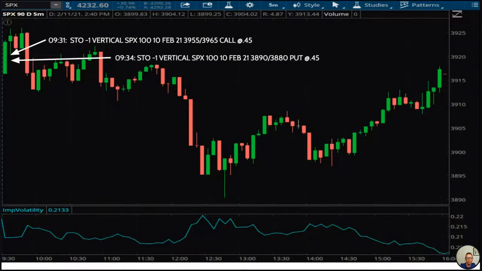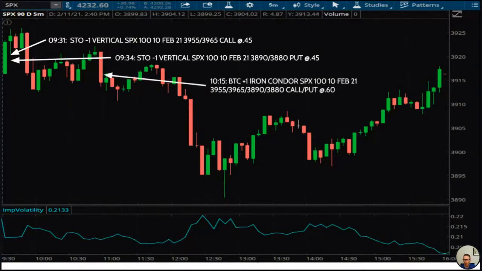The market did go down some, and I wasn't comfortable with what was happening, and I went ahead and closed the trade for 60 cents. So I didn't take a loss, but I also wasn't comfortable in the trade, and so I closed it out.